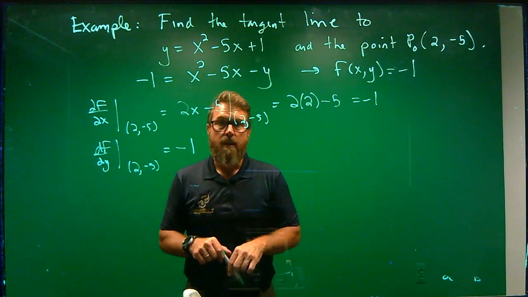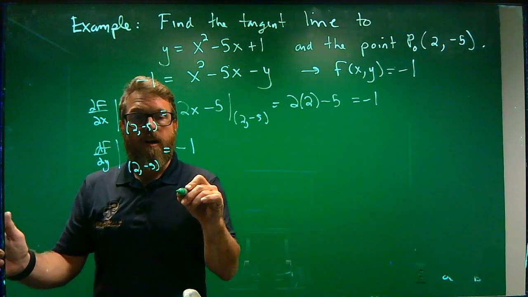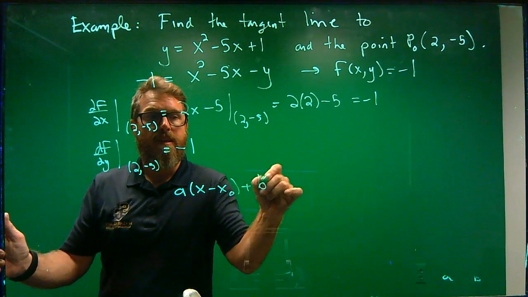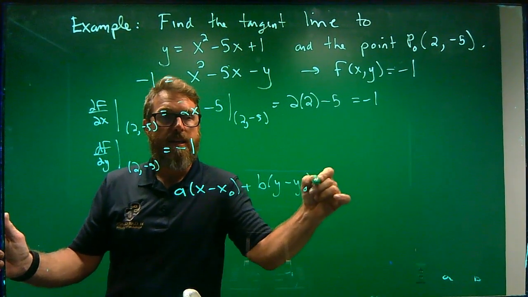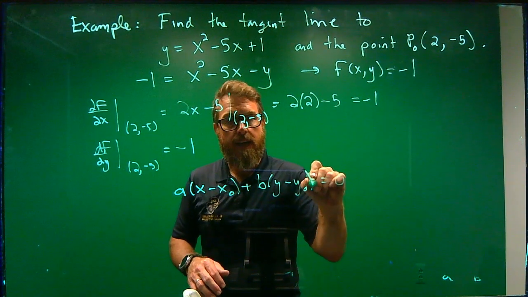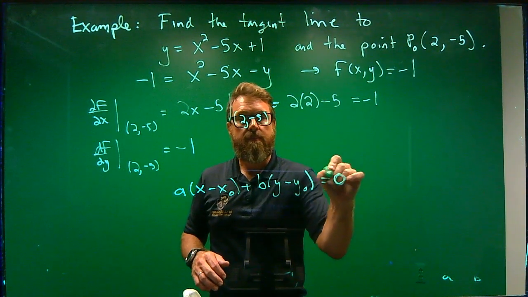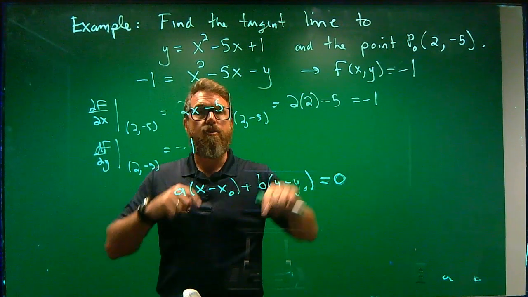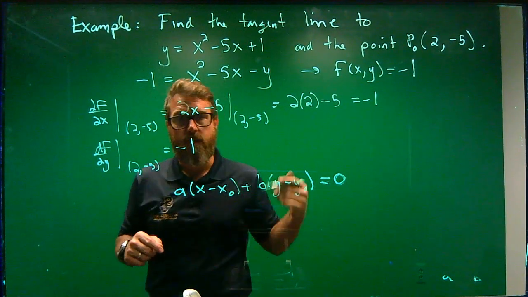Now when we create our tangent line, it's a times (x minus x naught) plus b times (y minus y naught) is equal to 0. What we know is that your a and b are simply these two coefficients. It's funny we got negative 1 twice, but it is what it is.